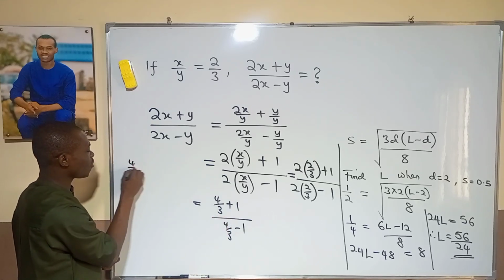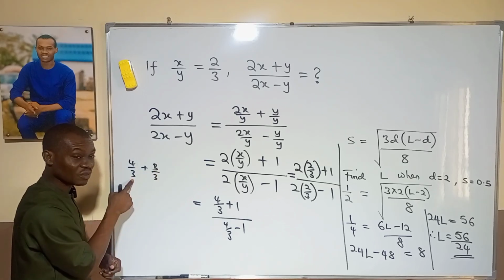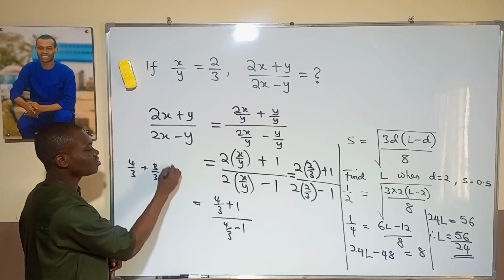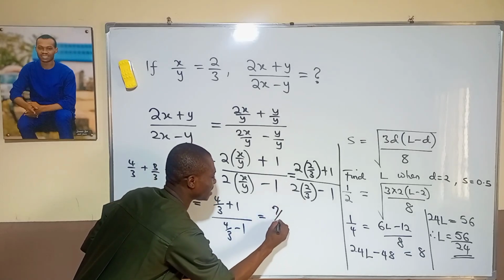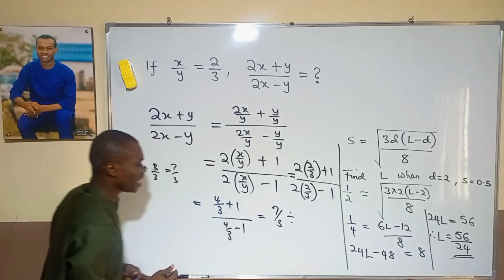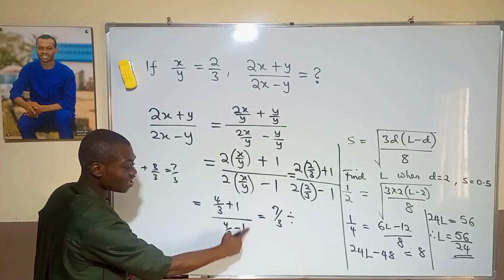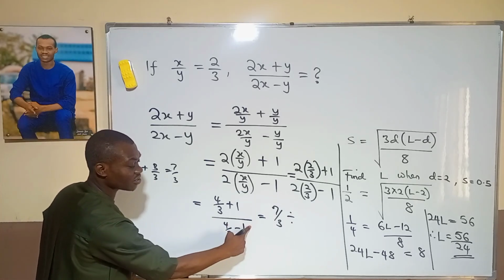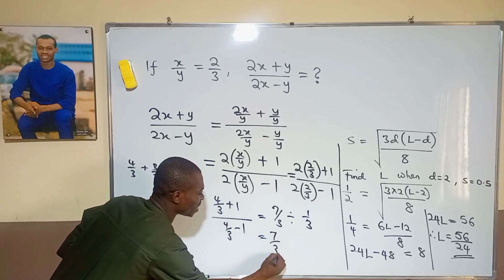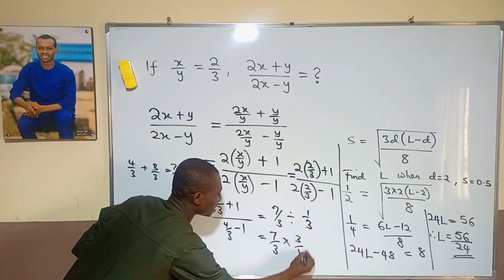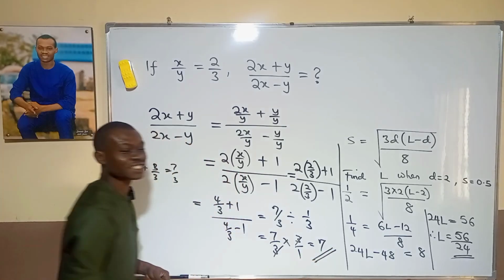So once you have 4 over 3 plus 1, make this 1 to be 3 over 3, the denominator, so that you can quickly add this, and you get 7 over 3. So this is going to give me 7 over 3 divided by, what is the denominator? The same thing you did here, do it here. 3 over 3, so you have 4 minus 3, which will give us 1 over 3. And so this is 7 over 3 times 3 over 1. This will cancel this. Your answer is 7.